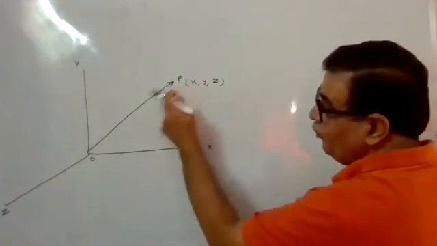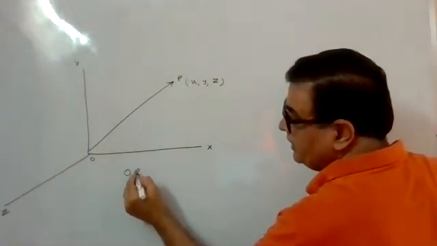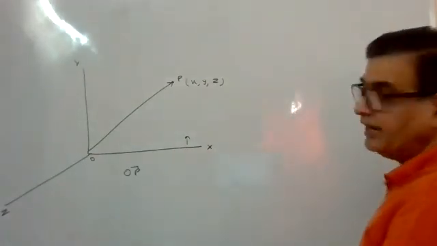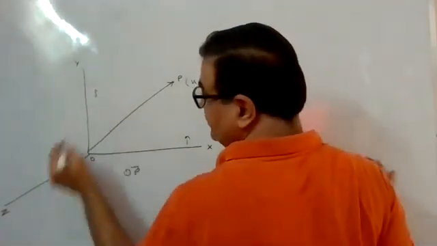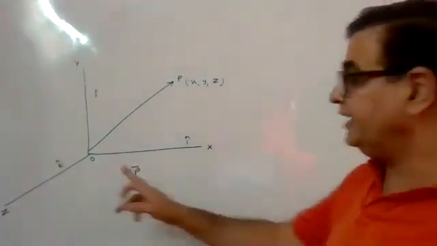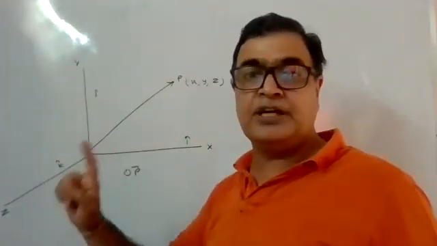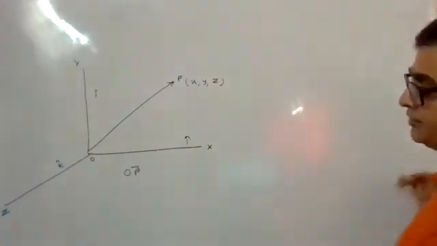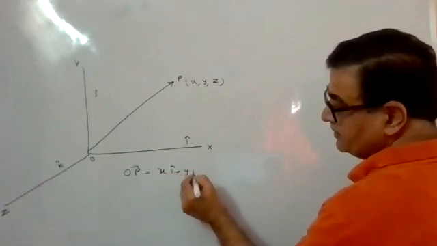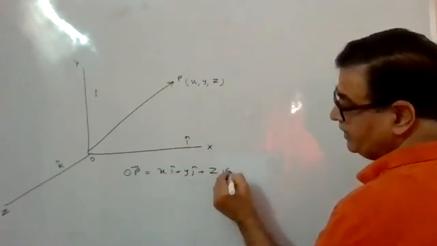So when they say what is the position vector of P, keep in mind x will have the unit vector i cap, y will have the unit vector j cap, and here we have k cap. यहाँ change हो गया है. Direction of z axis will be given by k cap. So what is OP vector this time? That will be xi plus yj plus zk.